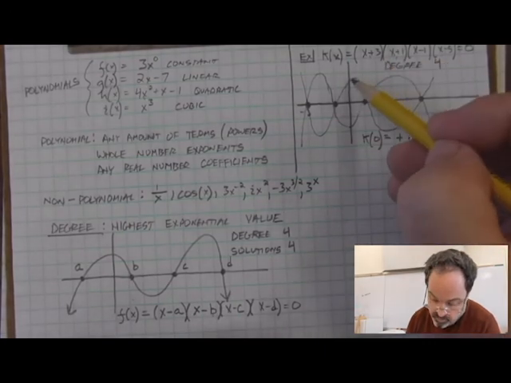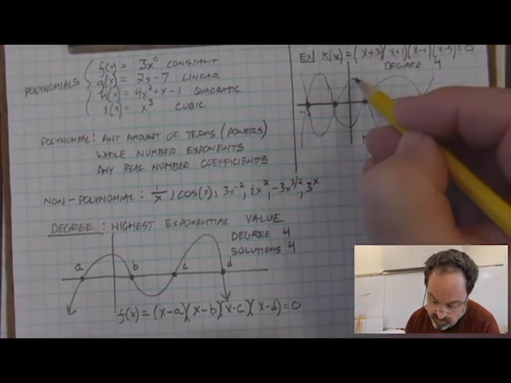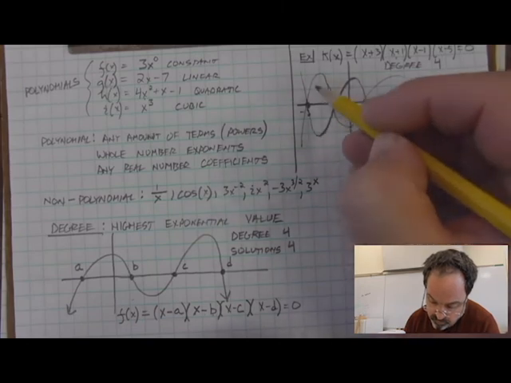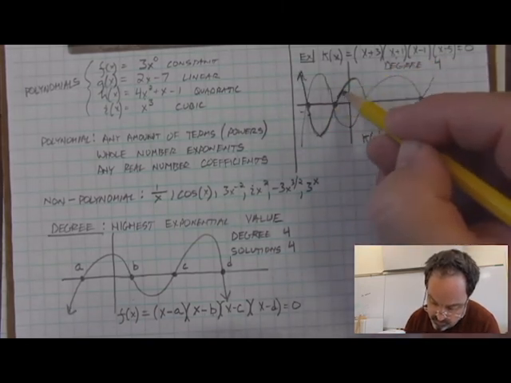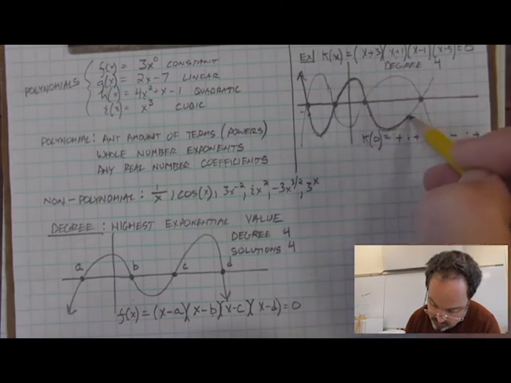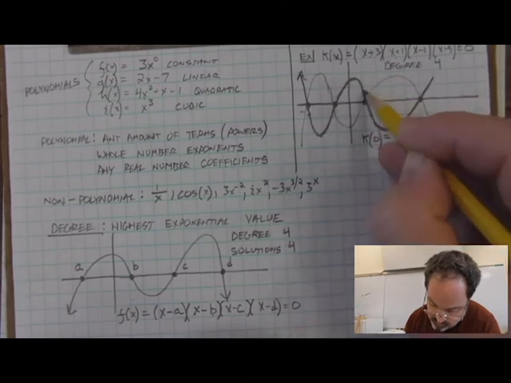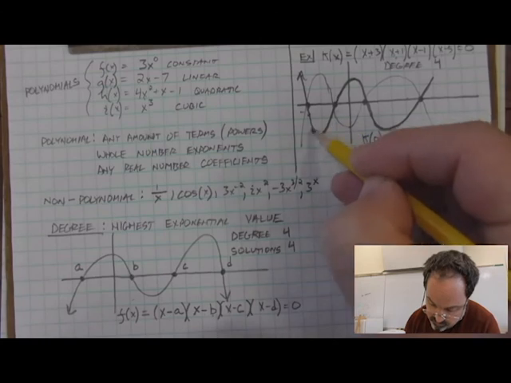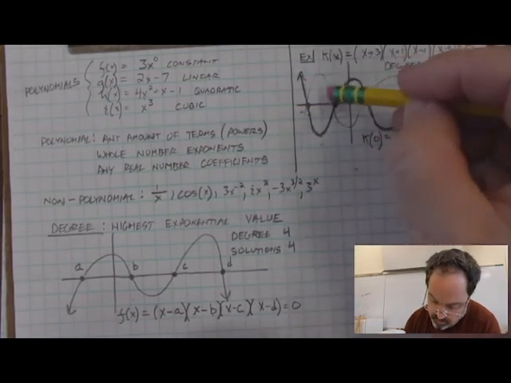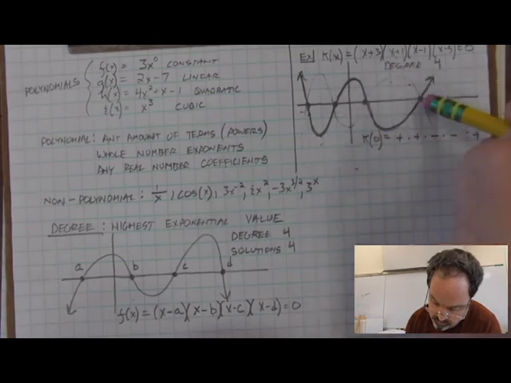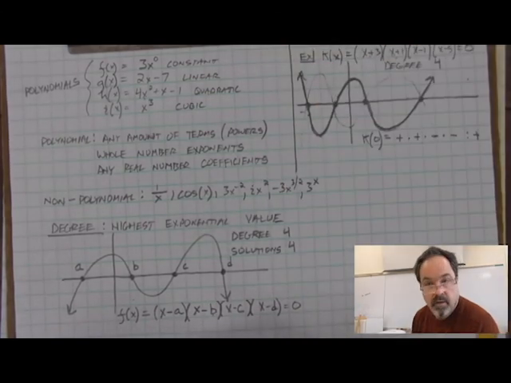So I know that when I put 0 in, I'm going to be on the version of the curve that is positive at 0. That means that the graph of this polynomial, or the sketch of it, is going to look like this, and not the other that it could have been.